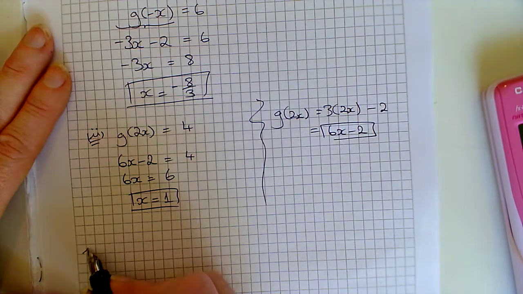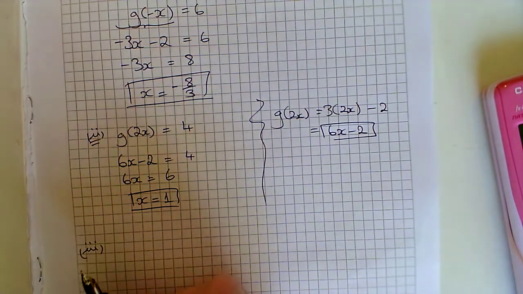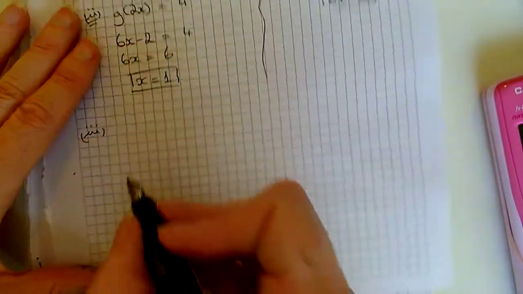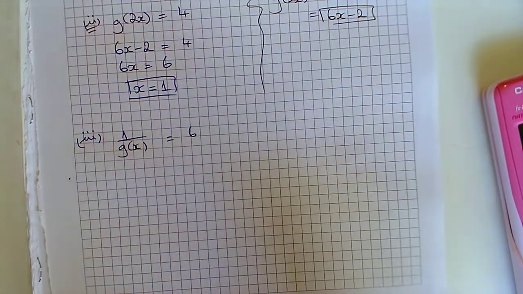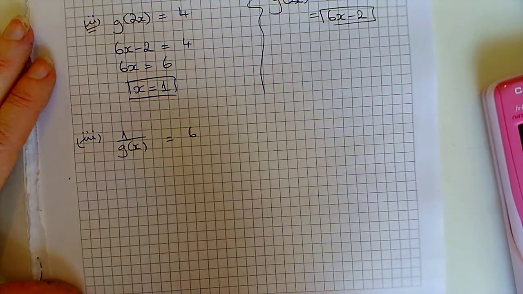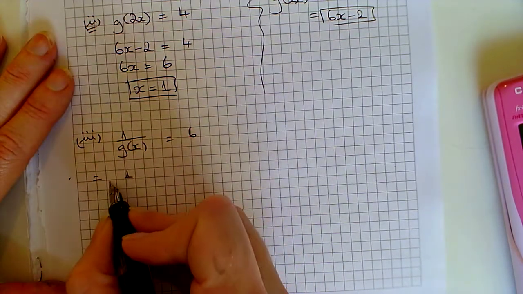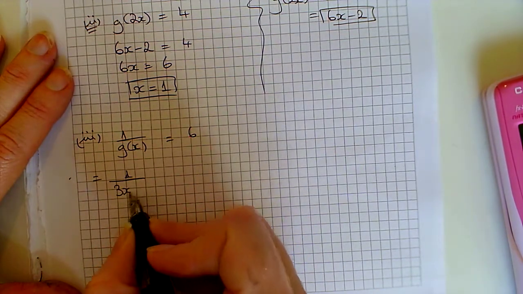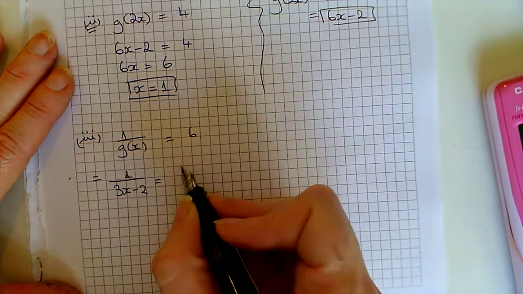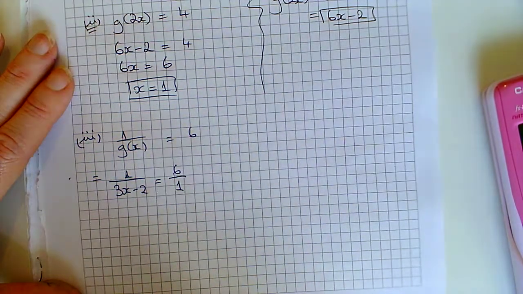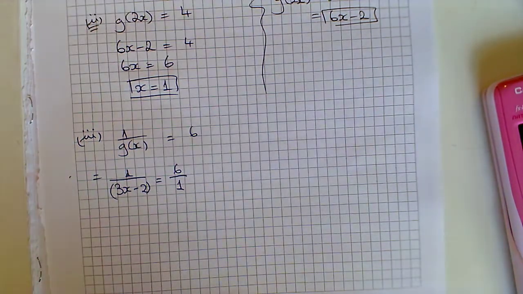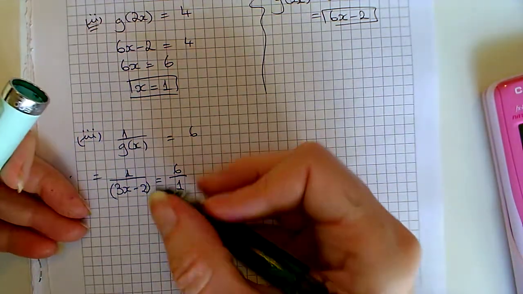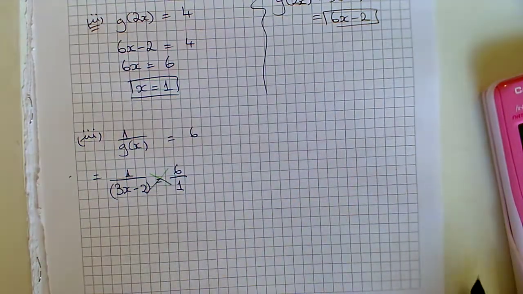And part 3, we're dealing with fractions. We want to find 1 over g of x equal to 6. So what's 1 over g of x? Well, this is 1 over 3x minus 2 equal to, and I'm going to change that to 6 over 1, because now I have two fractions either side of an equal sign, which means I can cross multiply to solve.